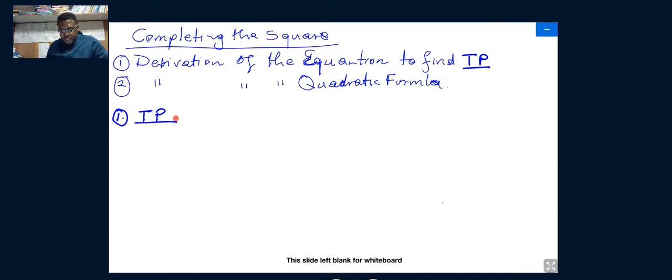The equation that assists us to get turning points is represented by y equals a into x plus or minus p all squared plus q.